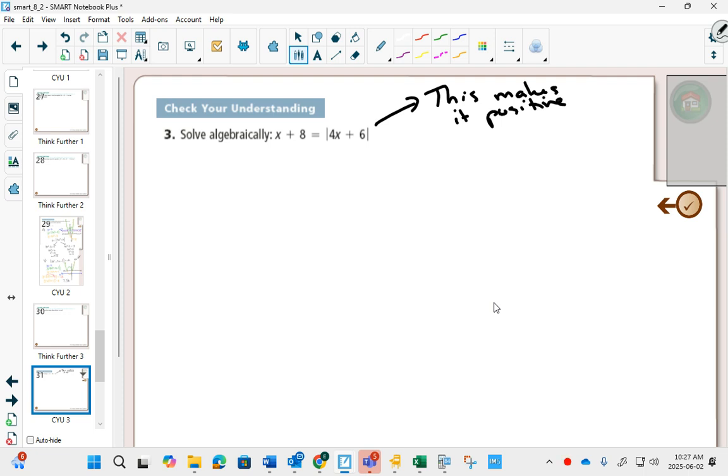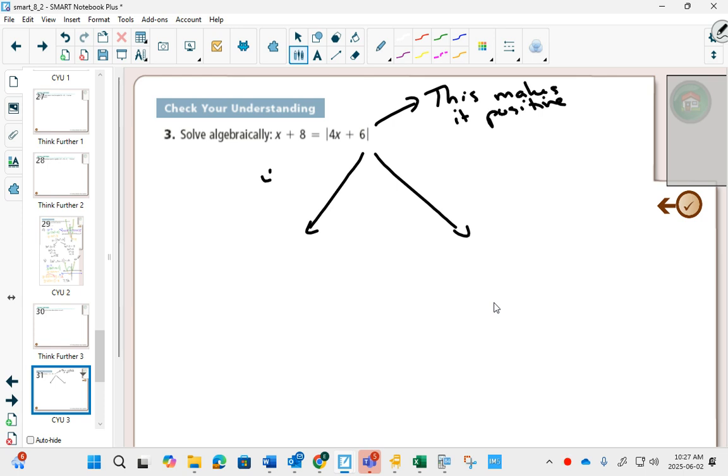What does an absolute value do? It makes whatever number's inside of it positive. So with an absolute value equation, there is always 2 possibilities.